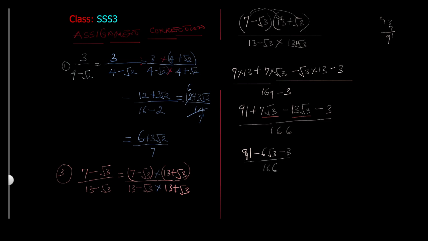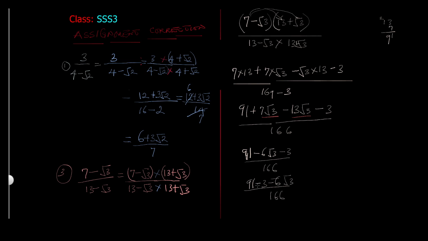So this other 3 here can come to this other one, and 91 minus 3 minus 6 square root of 3 all over 166.